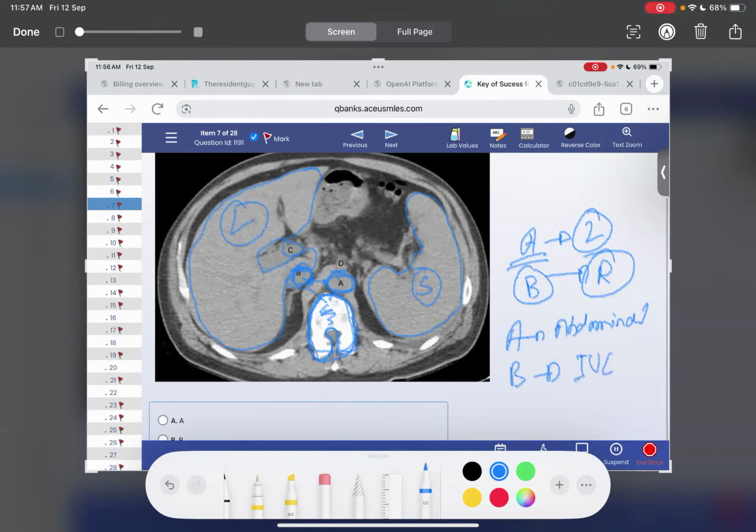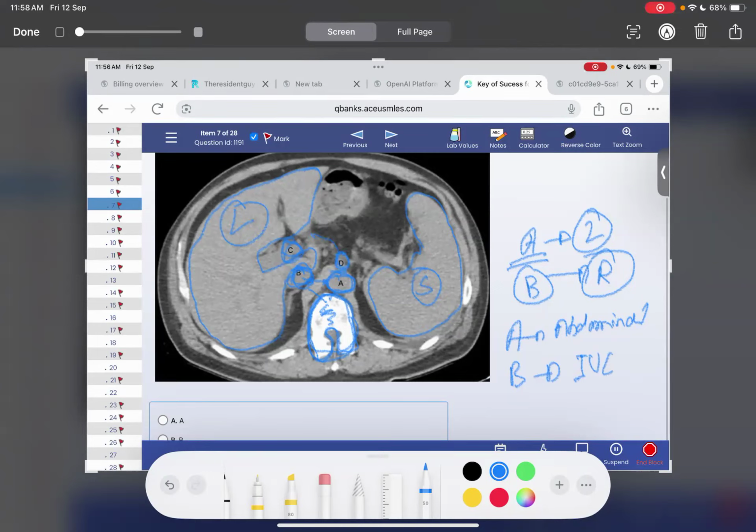I think you had forgotten the inferior vena cava. Okay, perfect. So what's C? That's the portal vein. And what's this D?